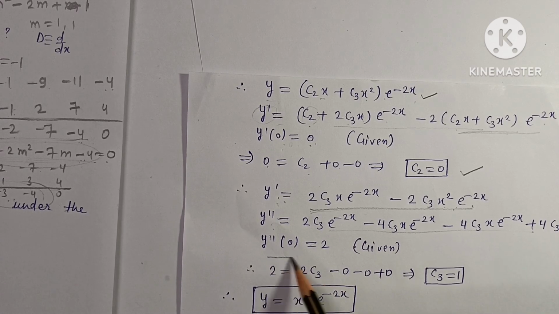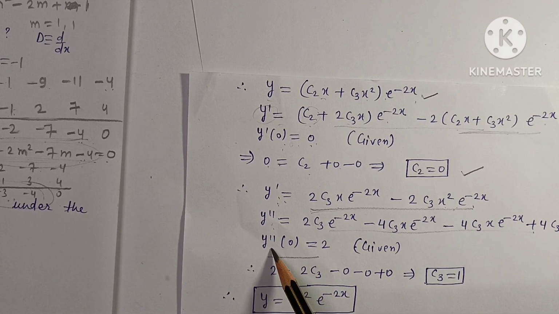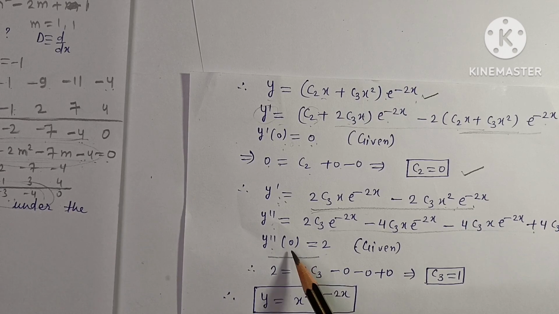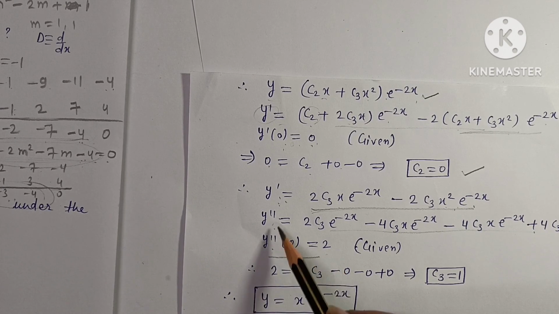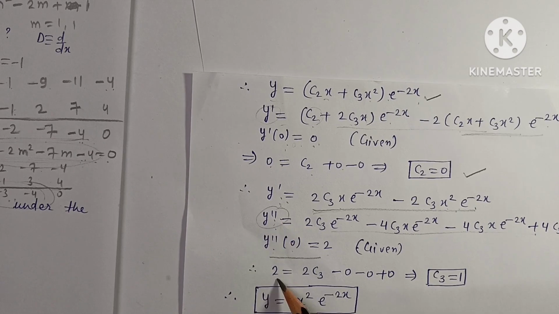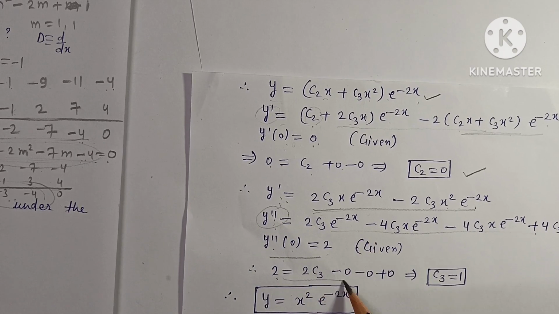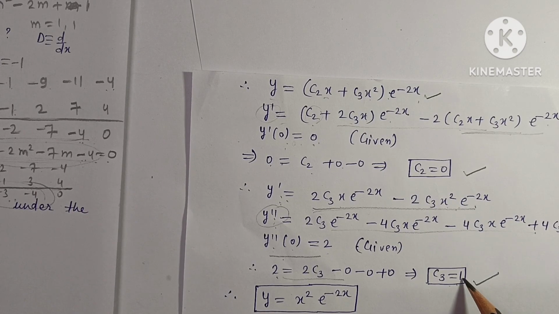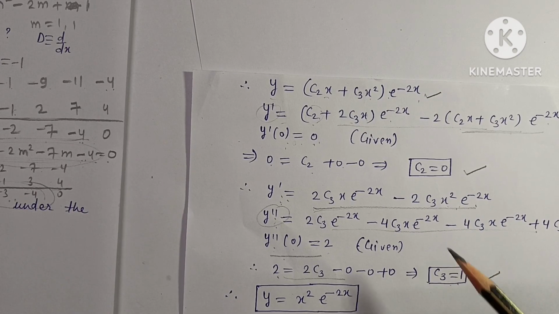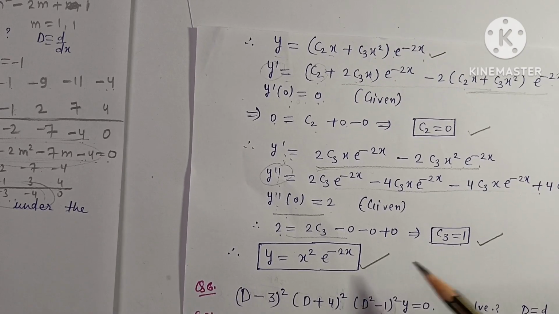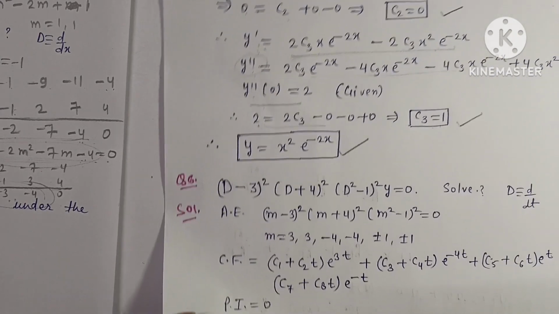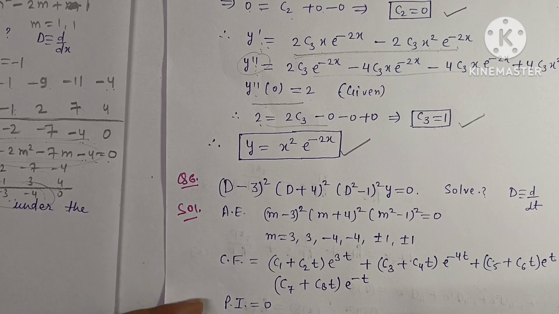But this condition says that y double dash has value 2 when x is 0. So putting here y double dash as 2 and x equal to 0, you will get C3 equal to 1. Now substituting this value of C3 and C1, C2 in y, you will get y equal to this. So this is the value of y.